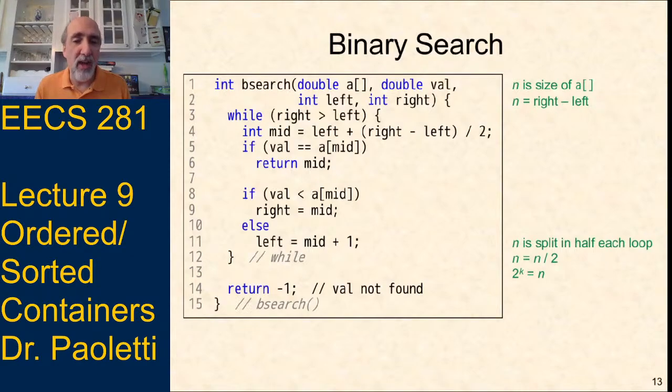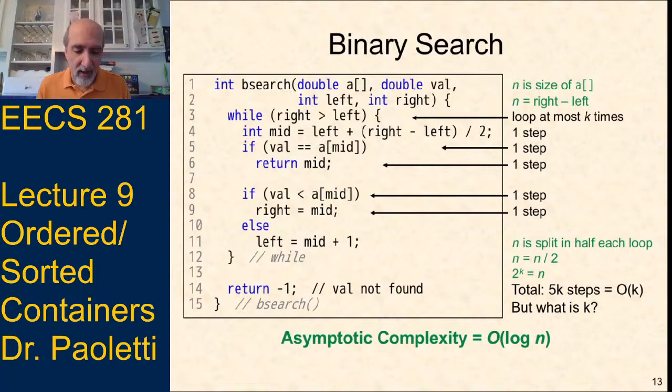So n becomes n over 2 each time through the loop. So if n gets split in half each time, then 2 to the k would be equal to n, and we get a complexity of k steps. k is log of n.